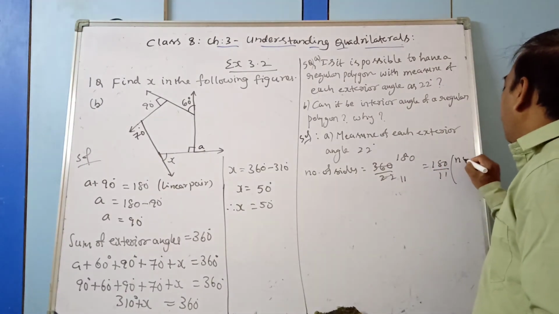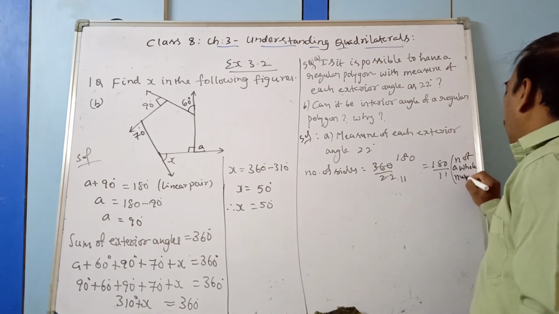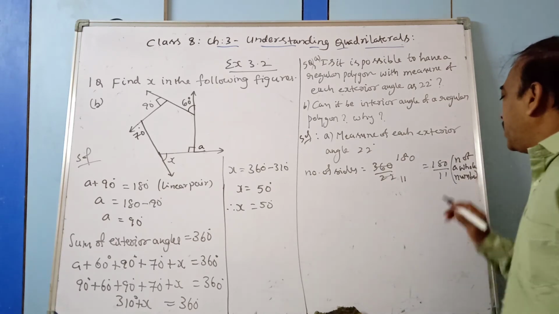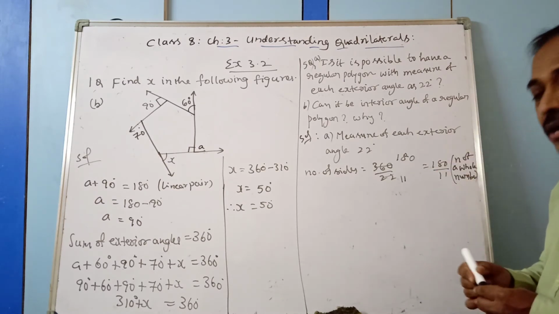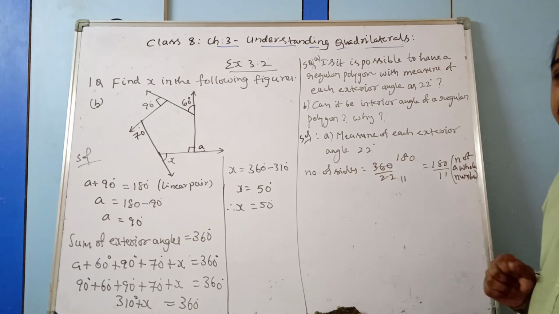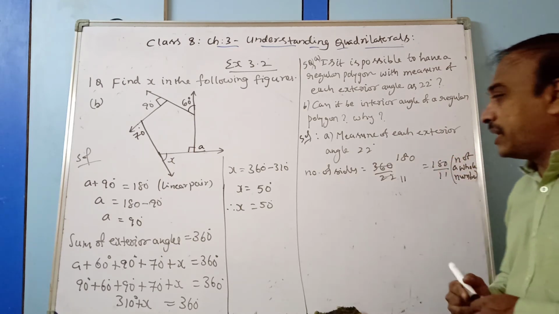What am I writing here? Not a whole number. 180 by 11, we can't divide. We won't get a proper whole number as a quotient. We will be getting a decimal part. That's why it's not a whole number.